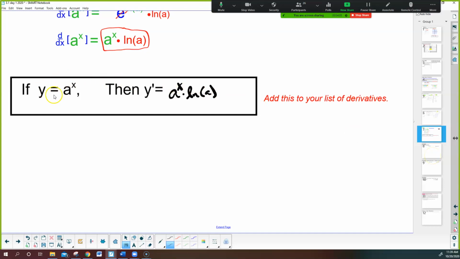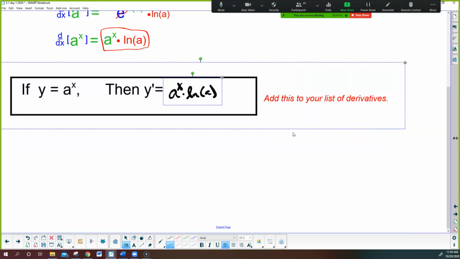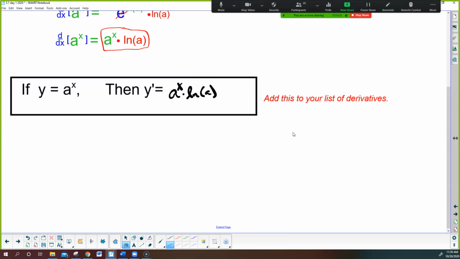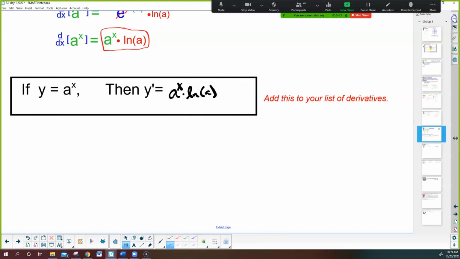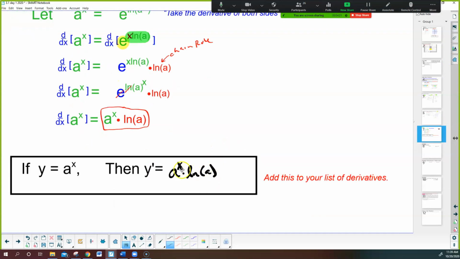So we're going to try some derivatives with this new rule. Might even copy it to your notes. What's that variable at the end? A. Yep, okay, it's the same.